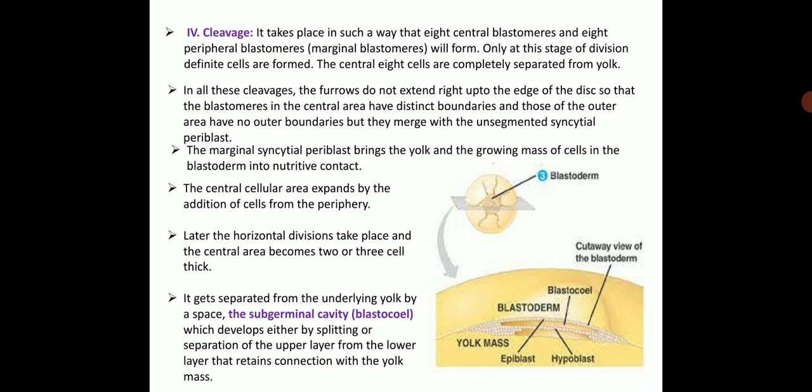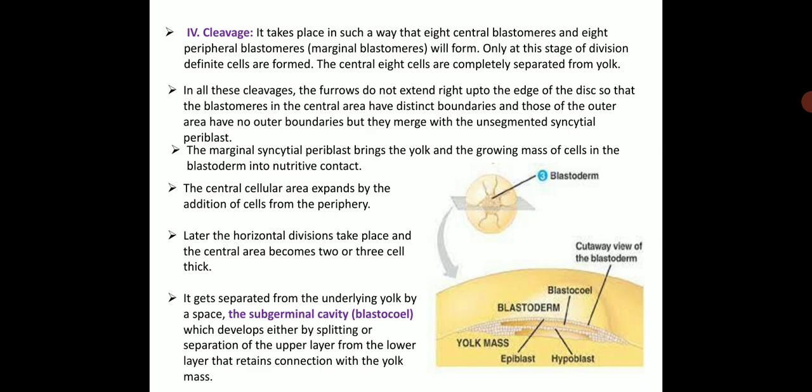So the marginal syncytial periblast brings the yolk and the growing mass of cells in the blastoderm into nutritive contact. If you look at this picture, the central cellular area starts to expand by the addition of the cells present at the margin or the periphery. Later, horizontal division takes place and the central area becomes 2 or 3 cells thick.